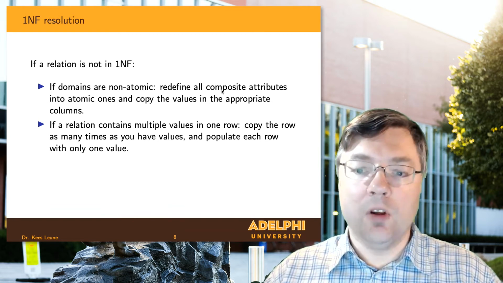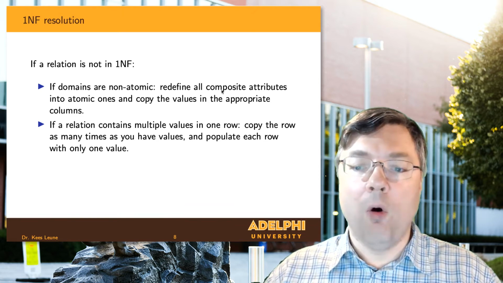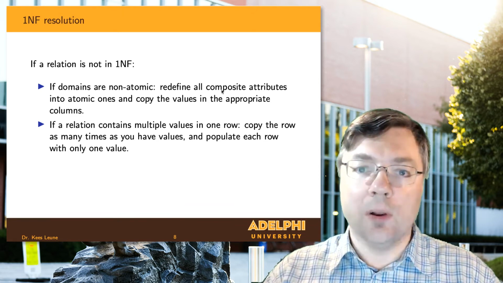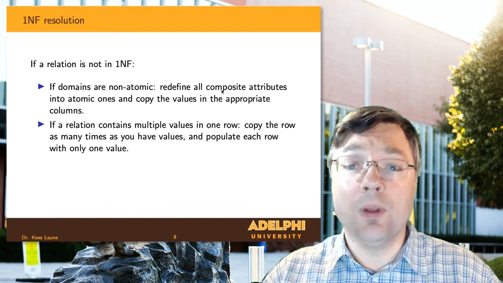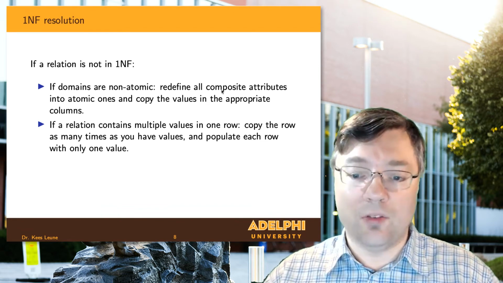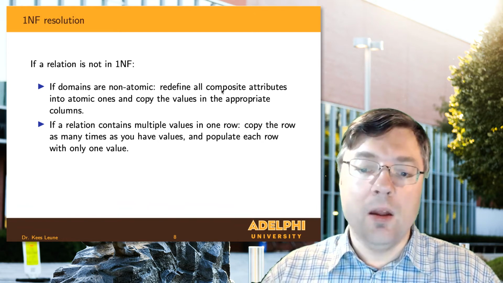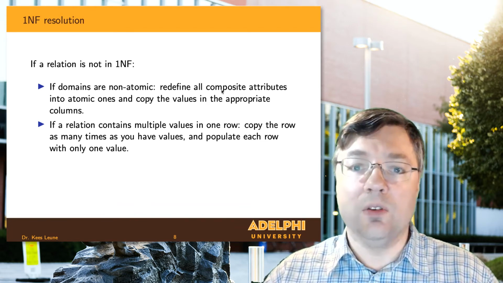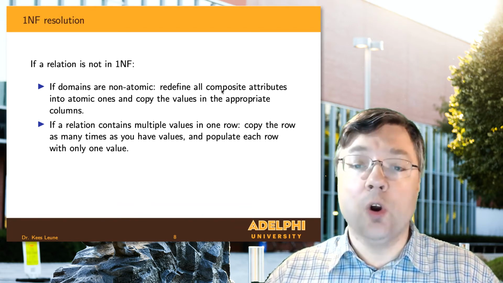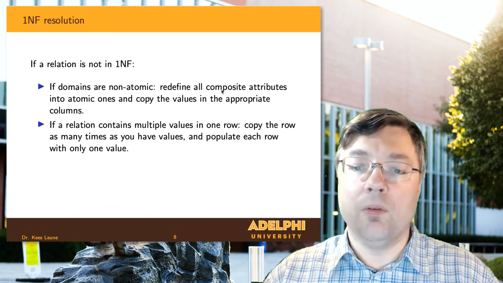If that domain is non-atomic, we have to redefine it, and we have to figure out how all of those non-atomic domains can be split up into atomic domains, and then we have to update all of our data to match. And so that could be a fairly extensive process. Same thing for a relation that has multiple values in a single cell. In that case, I would have to copy each tuple multiple times, but only contain one value in there.